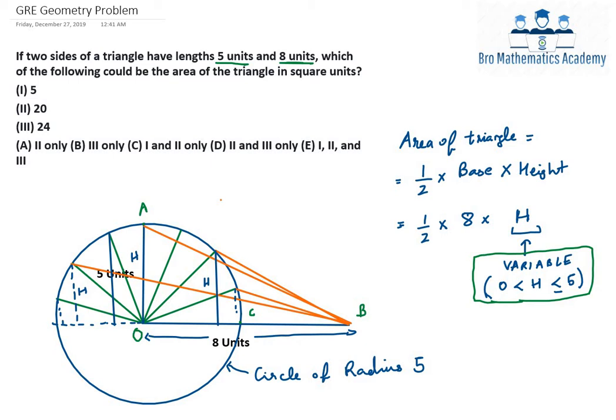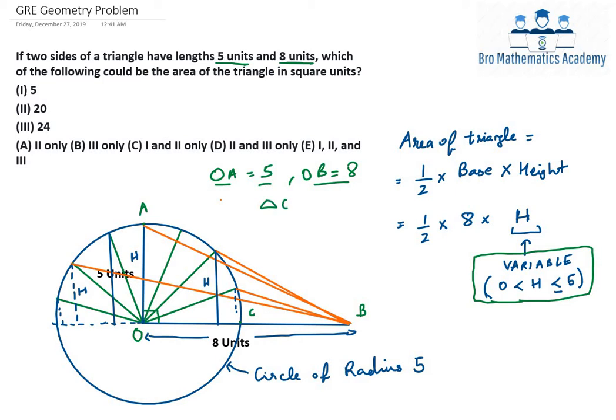Let's say OA is one of the sides. OA is 5 units, and OB is another side, 8. So if OB is like this and OA is perpendicular to OB, then this is one possibility of a triangle OAB.